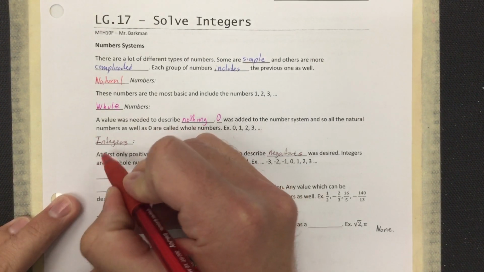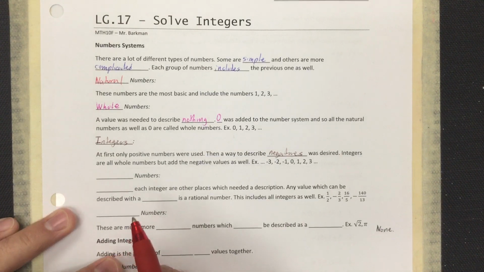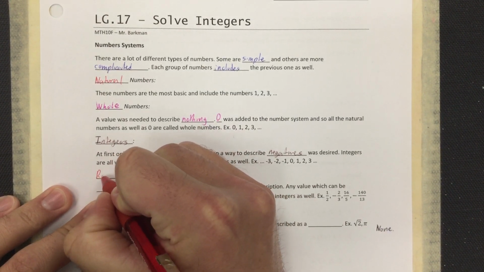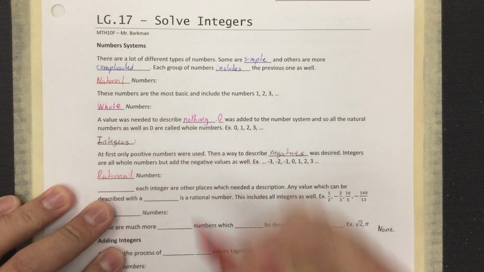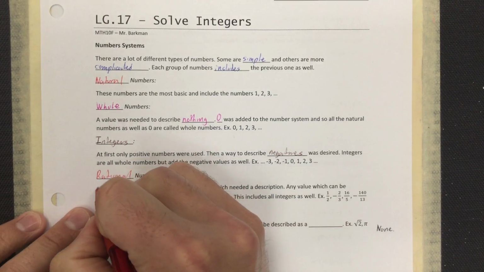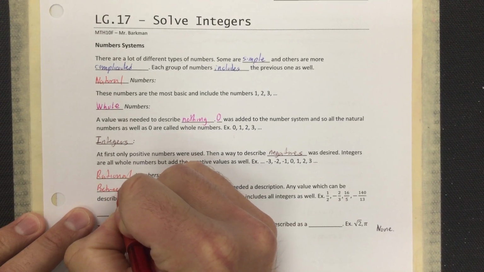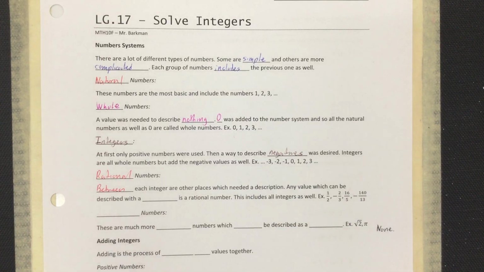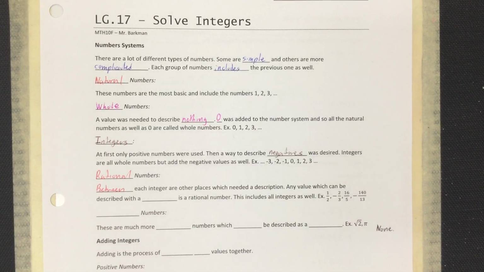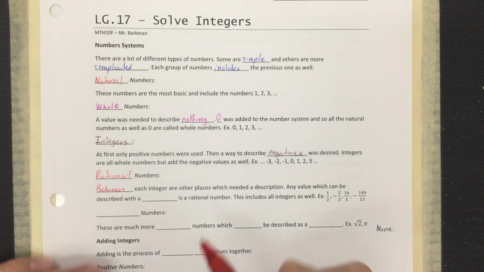Then we wanted to go beyond integers and get in between each number, and that's where we came up with what are called rational numbers. Between each integer are places which needed a description. We often think of them as decimals, something like 6.1.